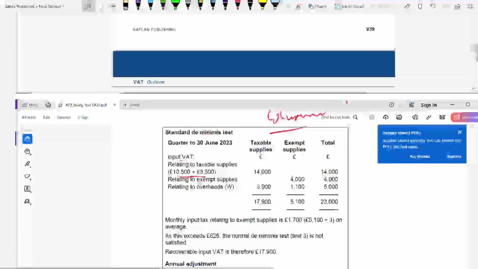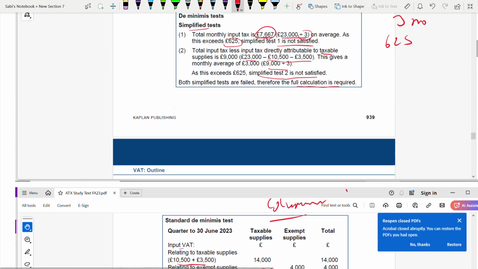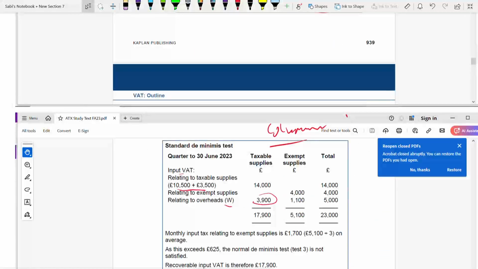And for exempt, it is 4,000. And how much is for overhead? There is a working required. It's given as 5,000, but you have to find the portion for taxable supply and for exempt. That's why I have to do a working.